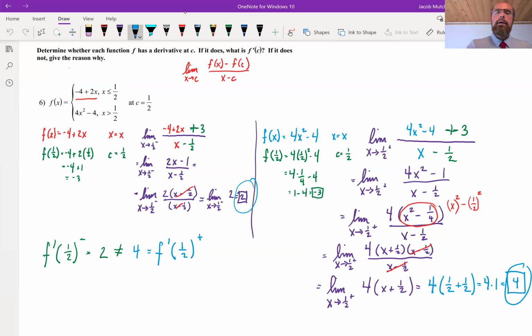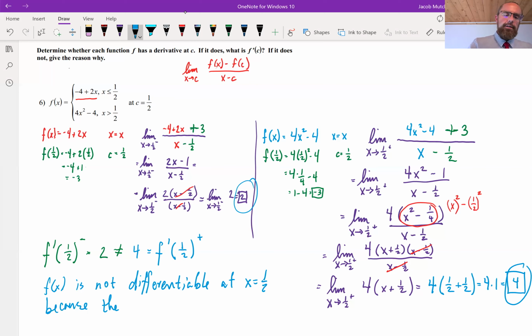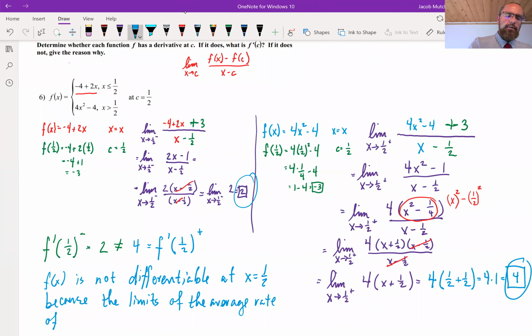So what we'll say is f of x is not differentiable at x equals 1/2 because the limits of the average rate of change are different from the left and the right.